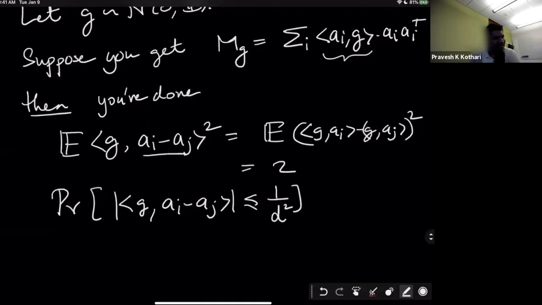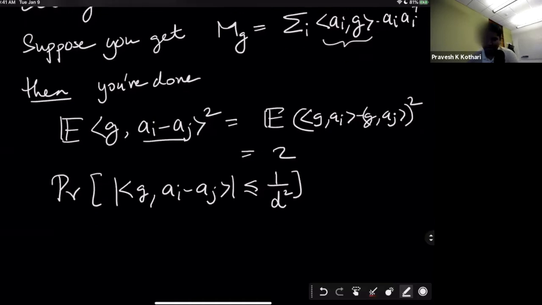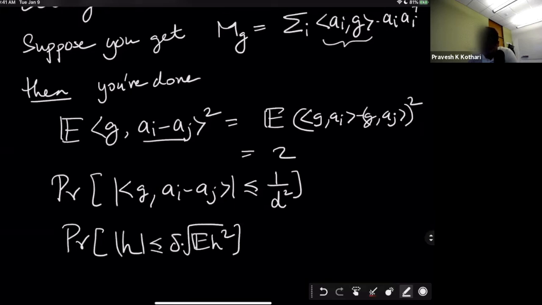So I guess technically I haven't really talked about this, so I can't quite assume this, but this happens to be a certain property of a Gaussian called anti-concentration. And it just says the following: if I have a Gaussian random variable H, then the chance that it takes a value at most delta times its standard deviation, H is a scalar Gaussian, is at most delta.